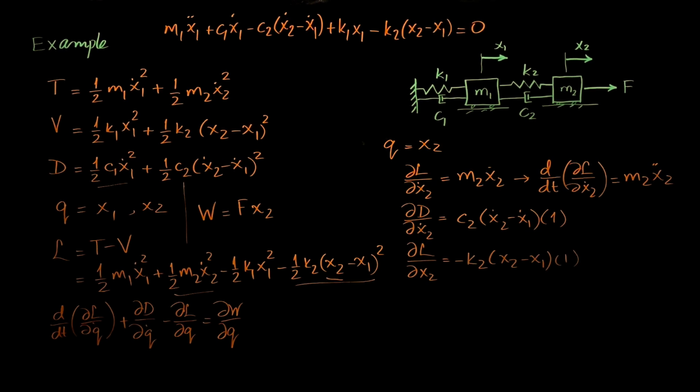And finally, the derivative of the work, partial W partial x2, and now this is not 0, it's F.